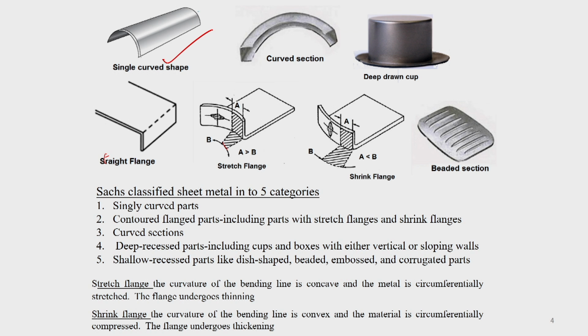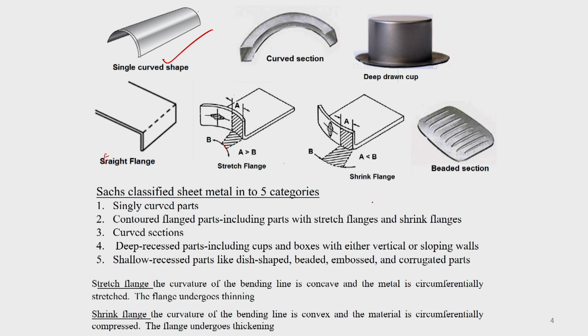That means it has stretched that flange part. In this case, the flange undergoes thinning, because when it is stretched, there is going to be a thinning effect to maintain the constant volume relationship.